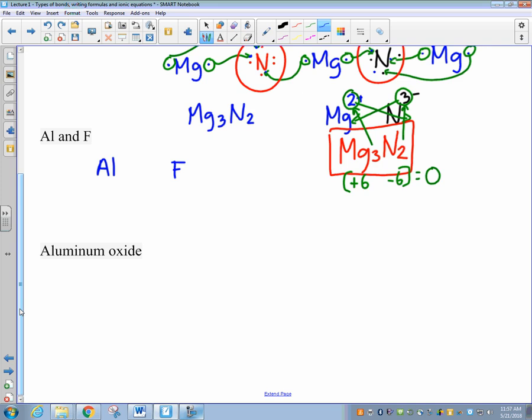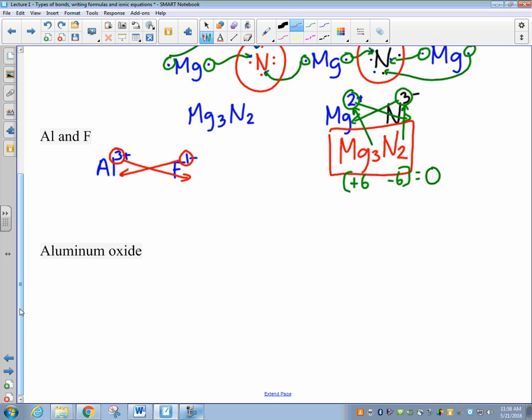So if aluminum loses its 3 valence electrons, it would therefore have a charge of 3+, and fluorine as a halogen will have the tendency to pick up 1 electron, giving it the overall charge of F-, a negatively charged fluoride ion. And now to determine the least common multiple, that is the ratio in which aluminum and fluorine can combine together to yield a net neutral molecule overall, I'm going to take those charges on the ions and make them into the opposite subscripts.